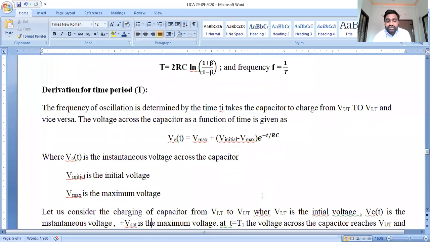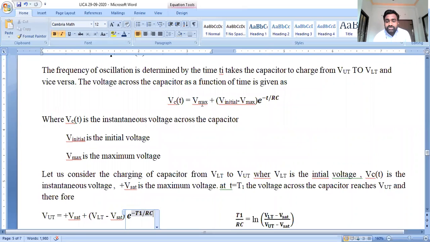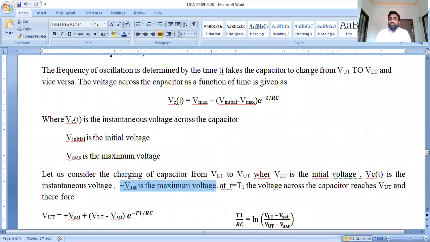The capacitor is charging and discharging with respect to the upper threshold voltage and lower threshold voltage. The lower threshold voltage is the initial voltage, plus V sat is the maximum voltage, and the upper threshold voltage is the point the capacitor reaches with respect to the maximum point.